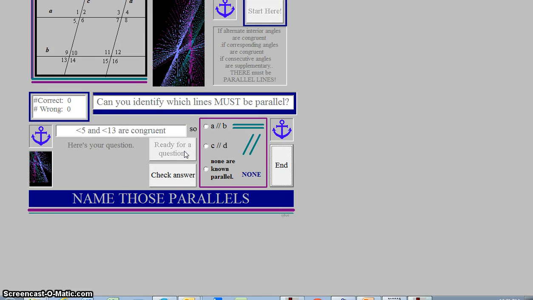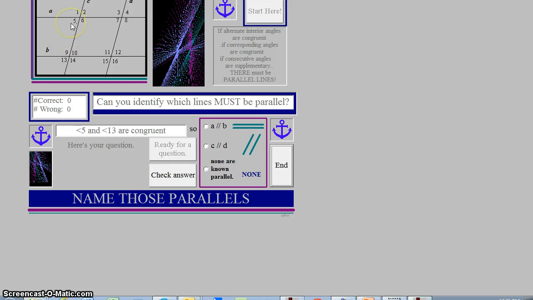And you're given the information that angle 5 and angle 13 are congruent. So up here in this box, we have angle 5 and angle 13. Do you see that those are each in the lower left position relative to lines A and B?